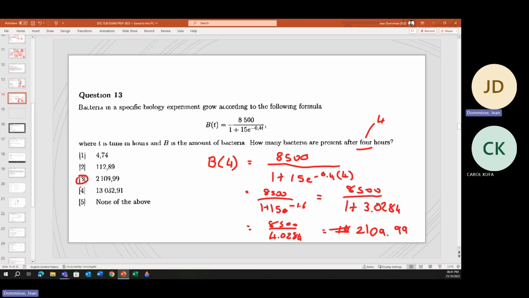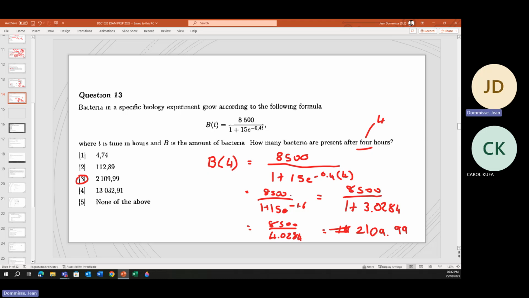We didn't need to do anything else. I first thought we might need to integrate or differentiate, but all they wanted was how many bacteria are present after 4 hours. They told us the formula where T is time, so we can just replace T by 4. Again, I nearly overthought that one, where it was just straightforward replacement.